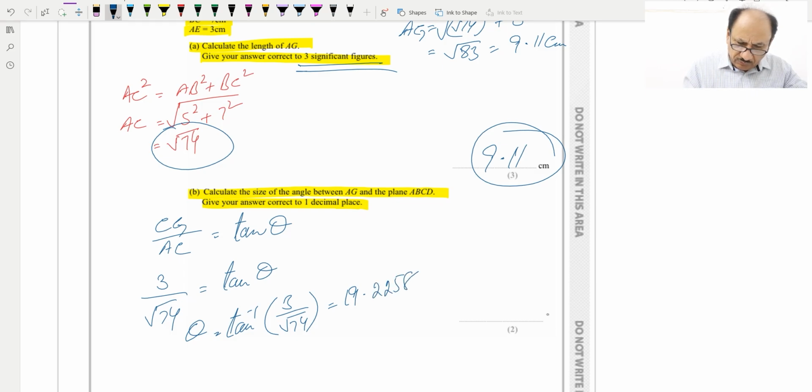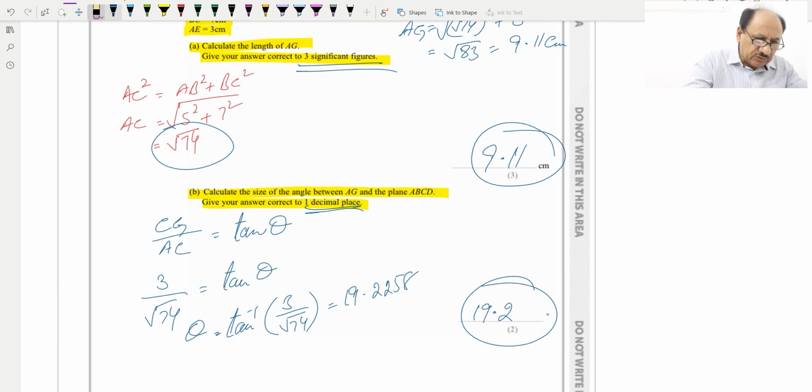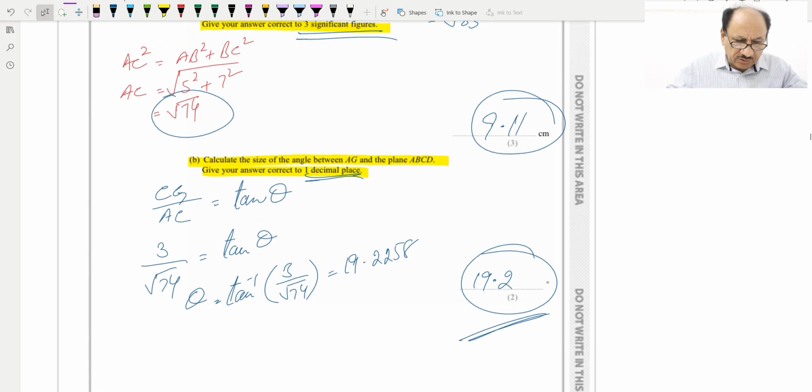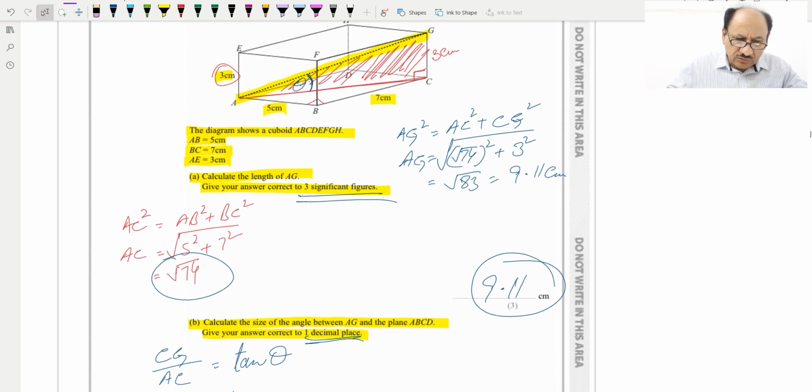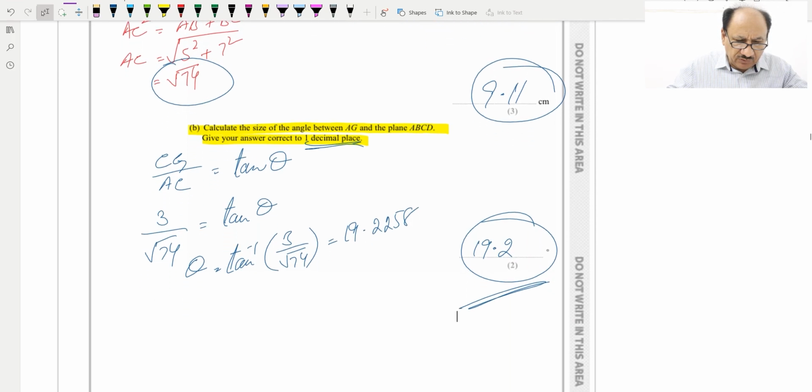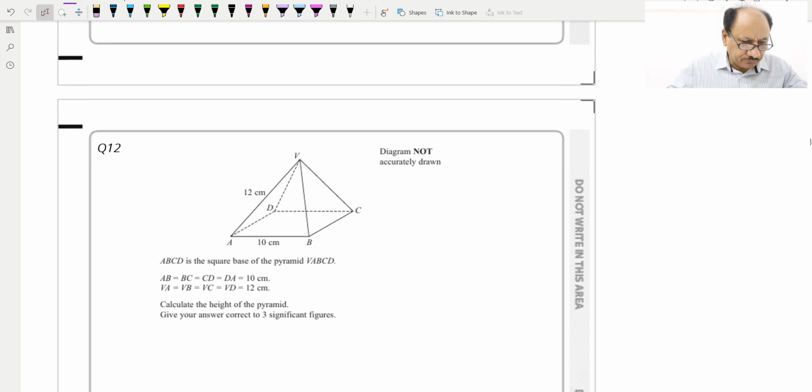So up to 1 decimal place it will be 19.2 degrees, and the degrees symbol is already there, so I'm just removing this. This is a 2-mark question. The total question was 3 plus 2, 5 marks, which we have done. Hopefully you understood this. In this question we applied Pythagoras theorem twice, and then we applied trigonometry also.